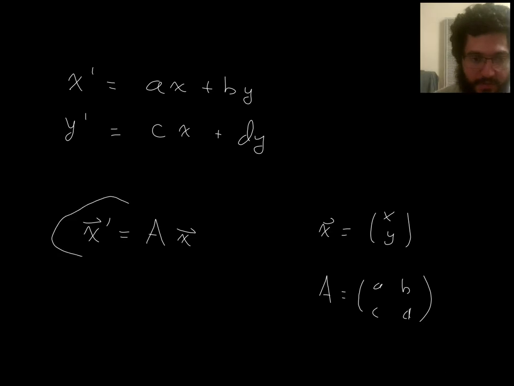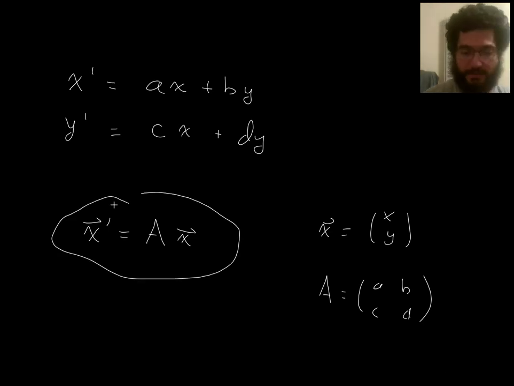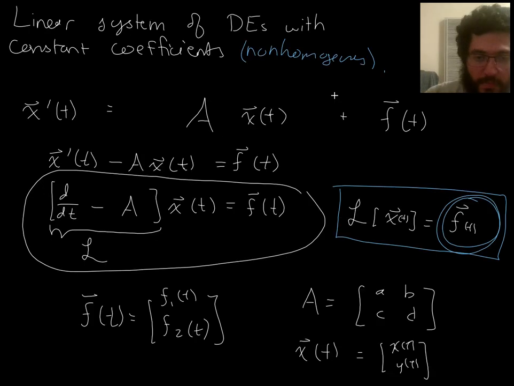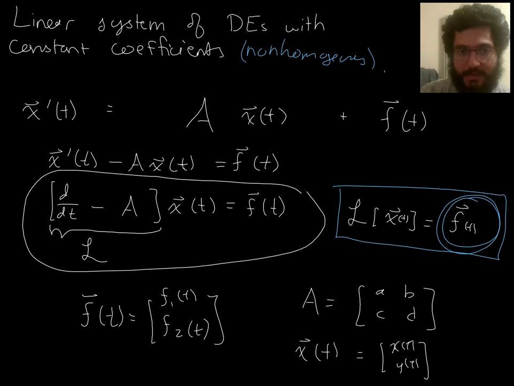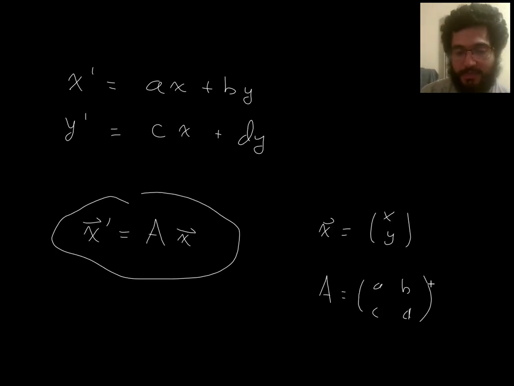So this is the kind of thing that we're going to focus on for a while. It looks very simple, but we'll see that when we unpack this, there's a lot of depth. There's a lot that can go on with this notationally simple looking condensed thing. That means we're looking at a homogeneous thing, because if you subtract the A over and write things like this, then the f part is 0, right? So we're looking at the homogeneous case to begin with.